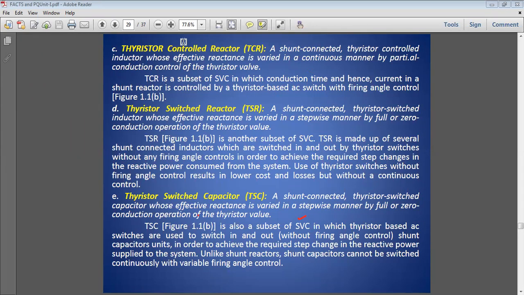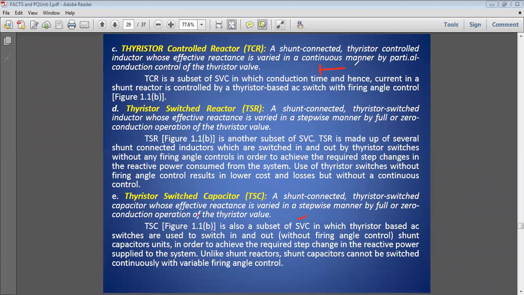Now the thyristor controlled reactor, TCR, is a shunt connected thyristor controlled inductor whose effective reactance varies in a continuous manner by partial conduction control of thyristor valves. So by partial conduction of the thyristor valves, it is possible to do smooth control. How is it?